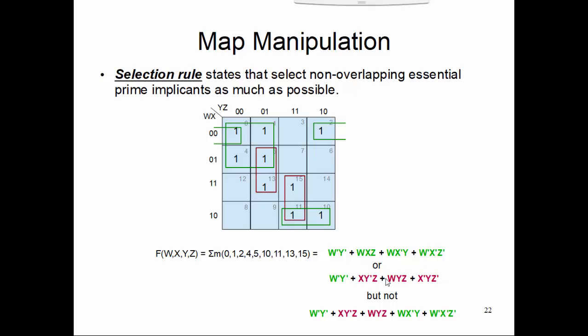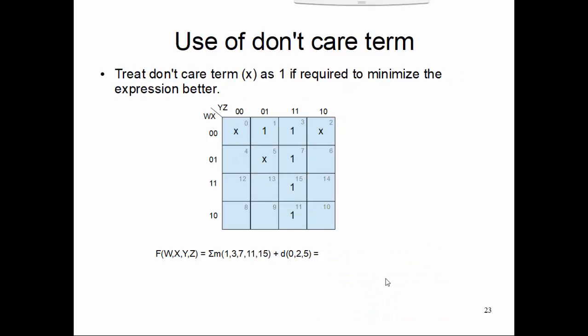Now another use of the term don't care. Let me first explain what the don't care is. A don't care term is those minterms which are not going to appear in the lifetime of my function.